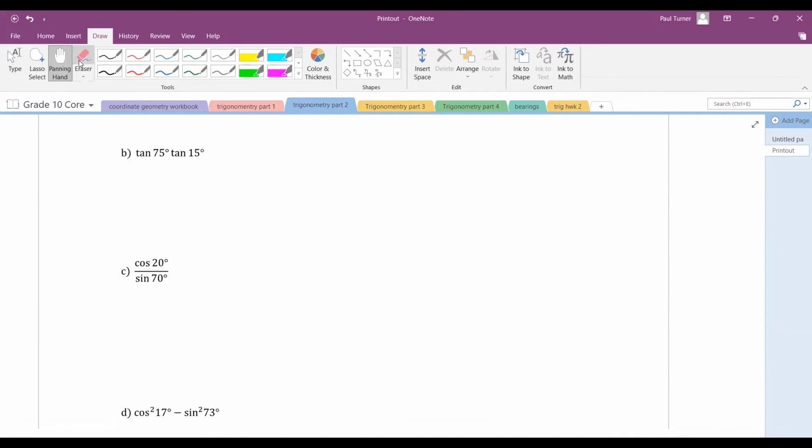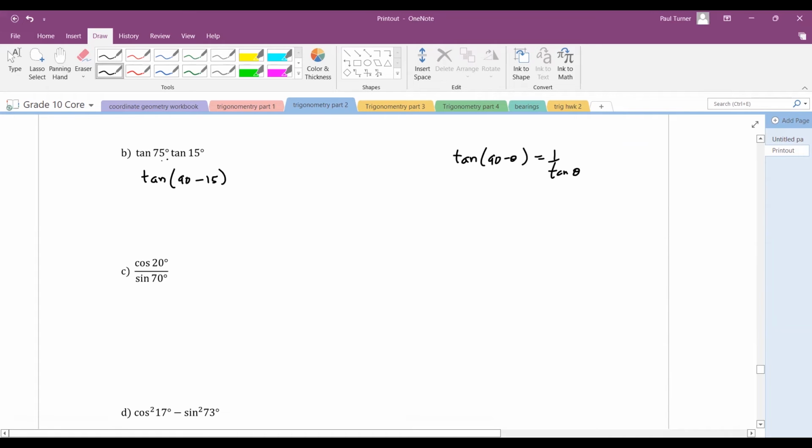Okay, so for question B, we've got tan 75 times tan 15. So it looks like the rule we'll use would be tan 90 minus theta is 1 on tan theta. So 75 could be written as 90 minus 15, isn't it?